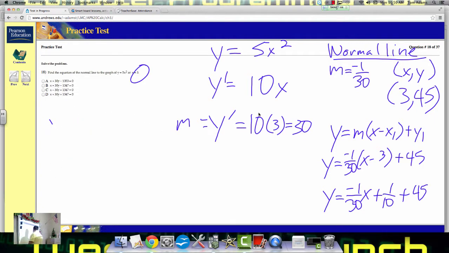So now if I multiply everything by 30, I get 30y is equal to negative x plus 3, right?